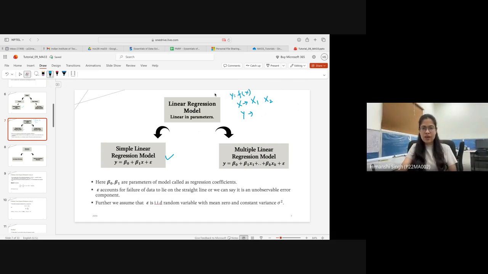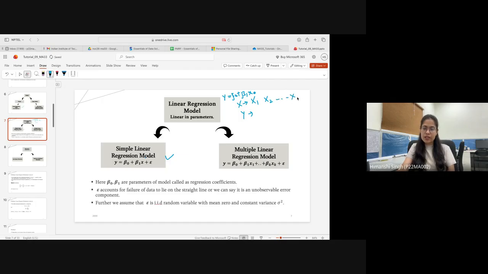Not a general function here, because we are talking about the linear case, so y is equal to beta naught plus beta 1 x. I have a hunch that the relationship is maybe like this, but I don't know exactly what beta naught and beta 1 are. So for the values of x, I will collect some data.